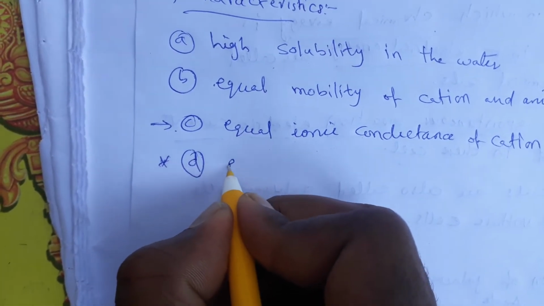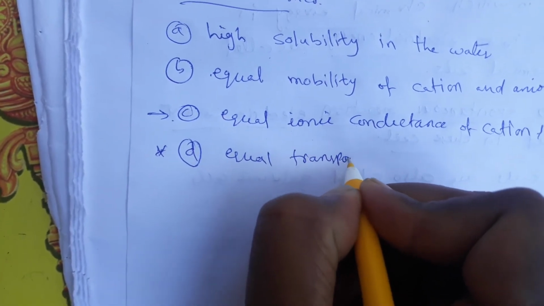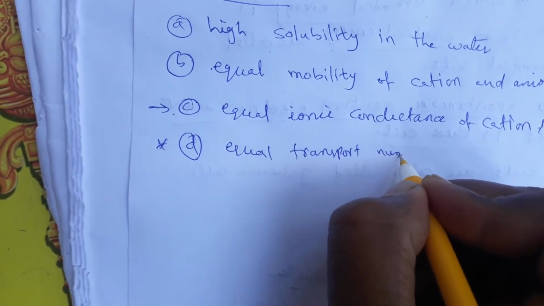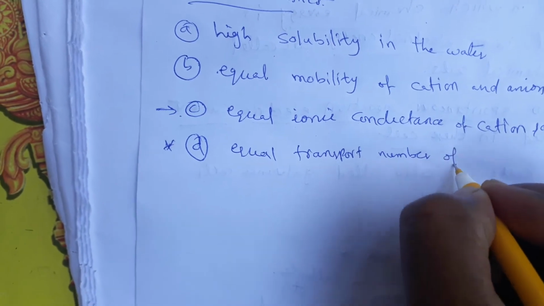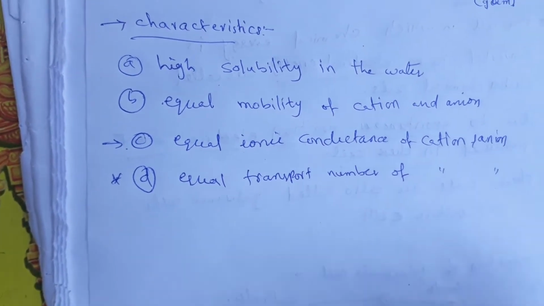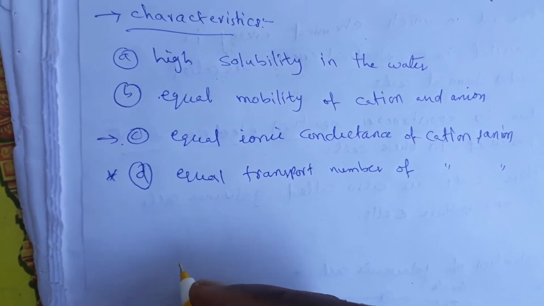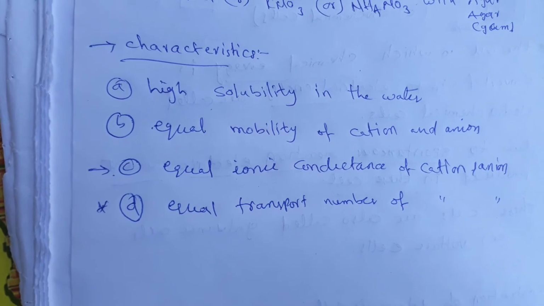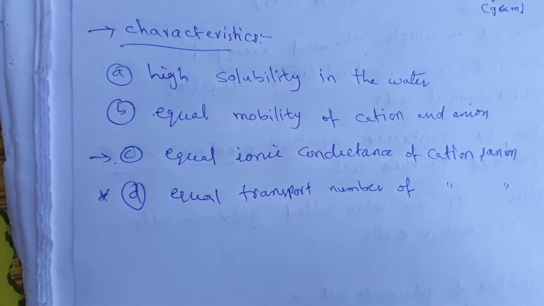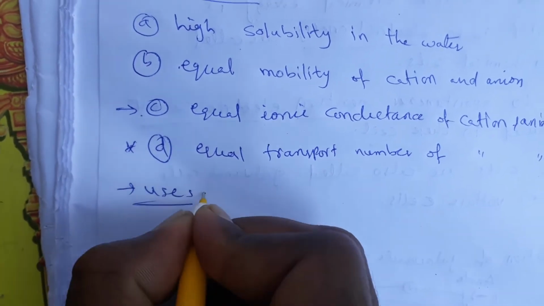This is very important. So that is the 0.5 transport number of the cation and anion. Now the uses of this salt bridge.